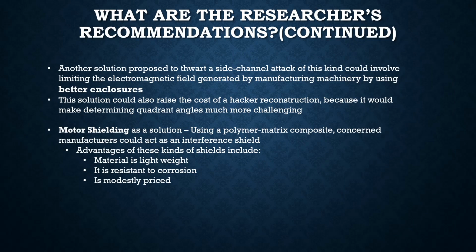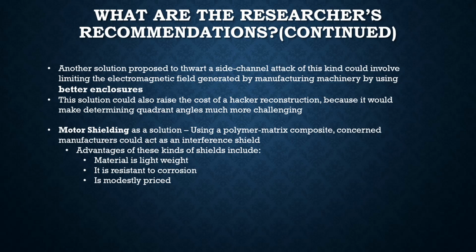So continuing with the researchers' recommendations, they also proposed another clever solution, which is to thwart a side channel attack by limiting the electromagnetic field generated by the manufacturing machinery by using better enclosures. So this solution is novel, and it could certainly raise the cost of a hacker reconstruction because it would make determining the quadrant angles much more challenging.